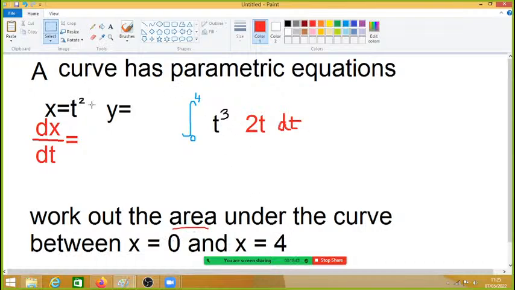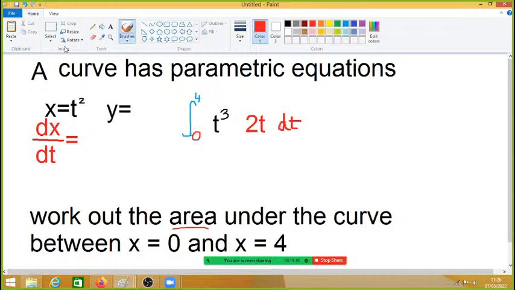But now we're dealing with t, so we have to use one of the formulas that they gave us to try and change those numbers for t numbers. So if x is 0, we can put the 0 in for the x, and then t squared equals 0, and that must mean t is equal to 0. So we're just swapping the numbers for the numbers that would work with t. So 0 means that t is going to be 0, so that can go there.